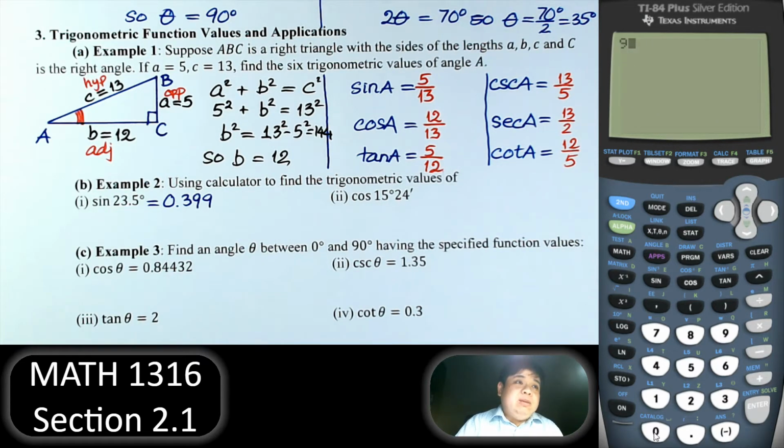If you take 90 degrees minus 23 degrees and 5 minutes, let's say, that is correct. If you enter 90 degrees minus 23 degrees and 5 minutes.